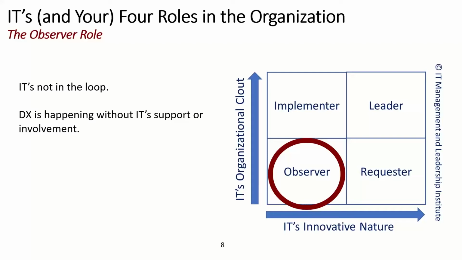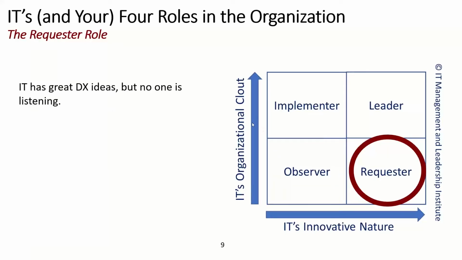That's it. And IT could be finding out about it after the fact. Or if there's a digital transformation organization as part of marketing, IT will hear about it, but they're not actually involved in either its design or its implementation. So that's if you're an observer.